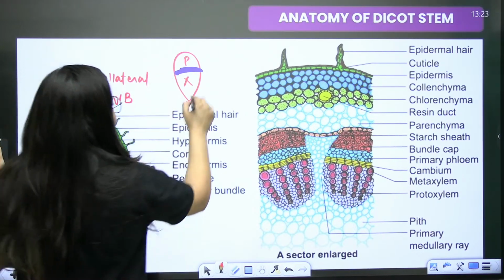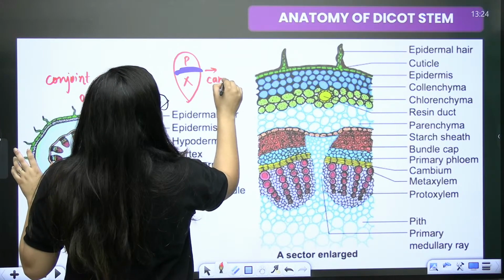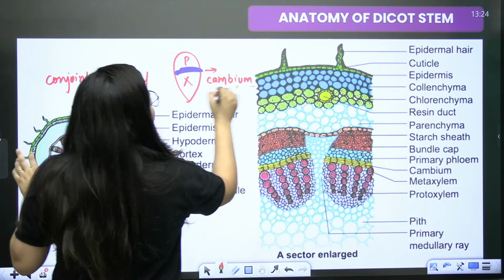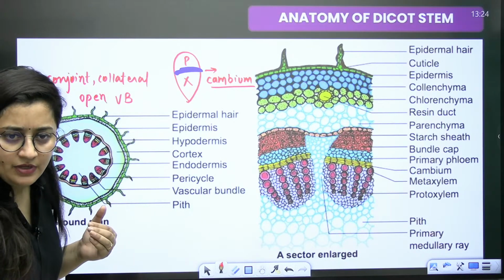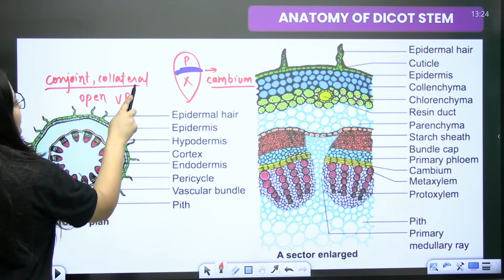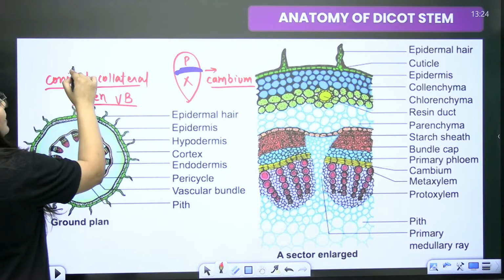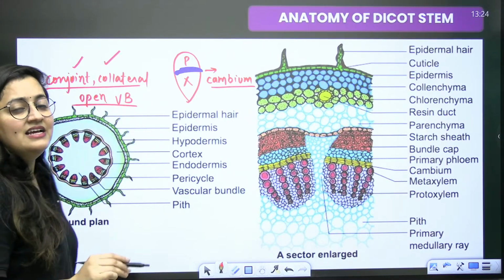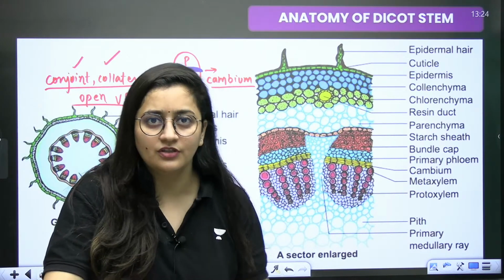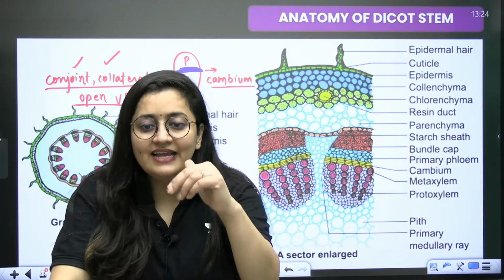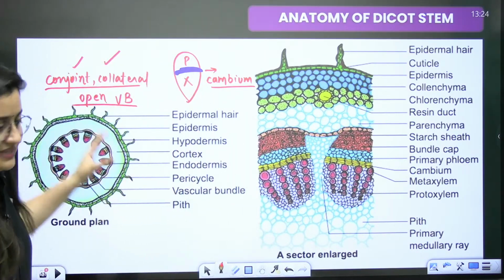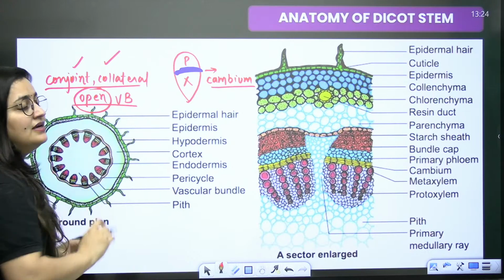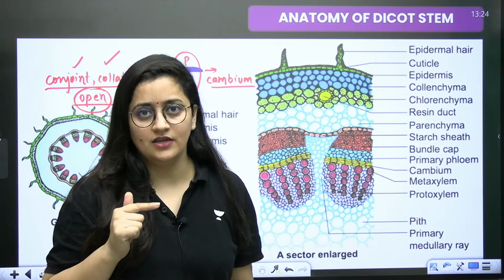There will be the cambium. Are you getting my point? So these are the conjoint, collateral, open vascular bundle. What is the meaning of conjoint, collateral? Your xylem and phloem are present on the same radius. And when it is the open vascular bundle, it means it is open for secondary growth, right?